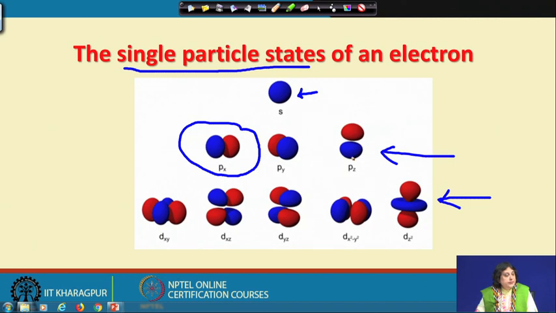Why is that so? That is because the solution of the Schrodinger equation is the solution to a wave equation, and therefore the solution of the wave equation actually has a phase factor, which says that the wave function is positive in some regions of the solution and negative in some other regions.